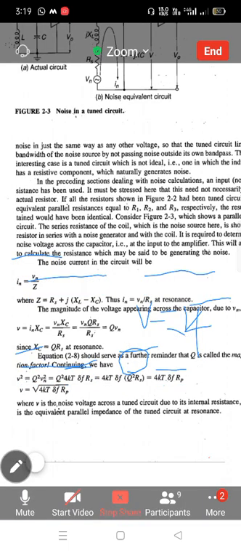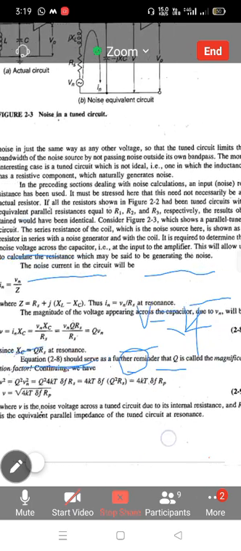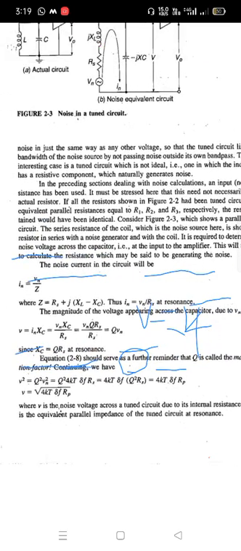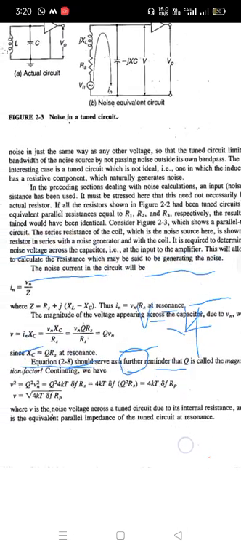Here V is the noise voltage across the tuned circuit due to the internal resistance, and Rp is the equivalent parallel impedance of the tuned circuit at resonance. So when we go for the inductor and capacitor, the concept of resonance, of a purely resistive circuit, occurs, and we have to include this Q, that is the quality factor or the magnification factor.